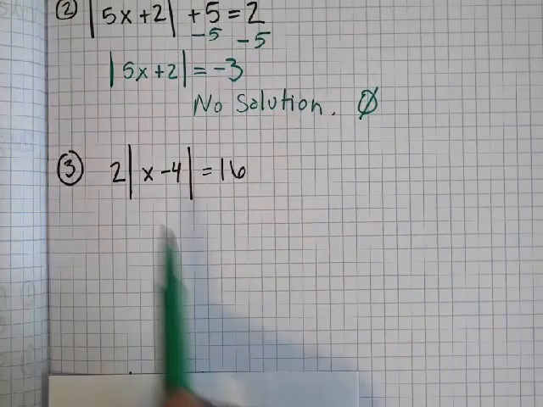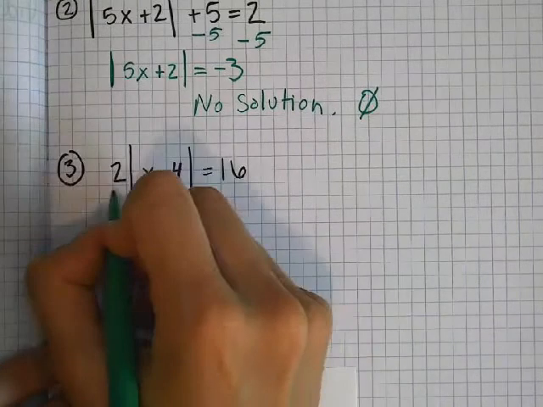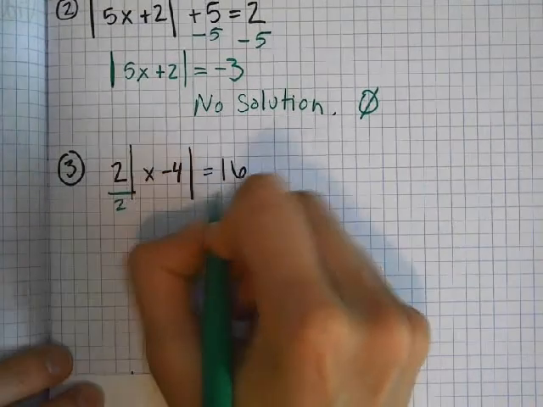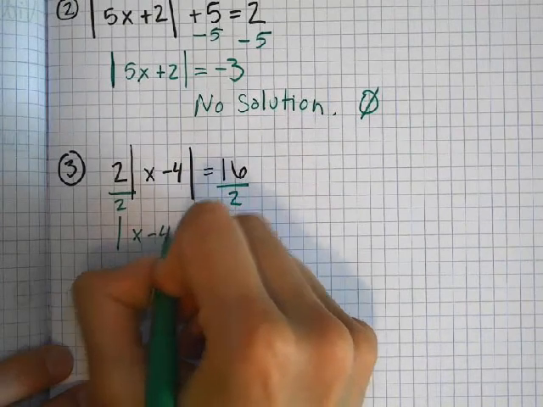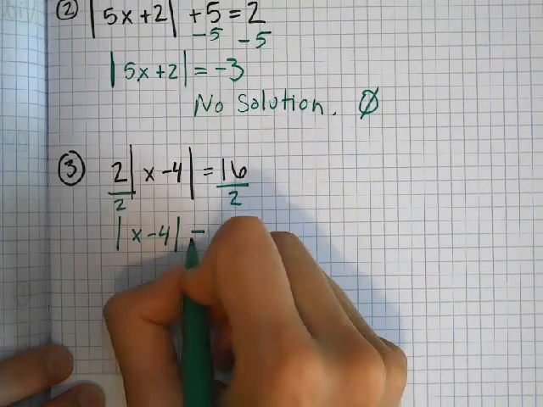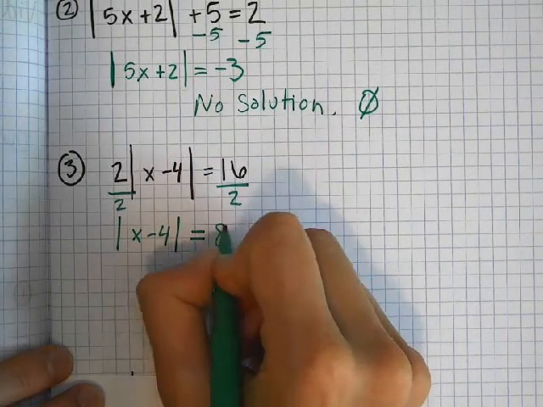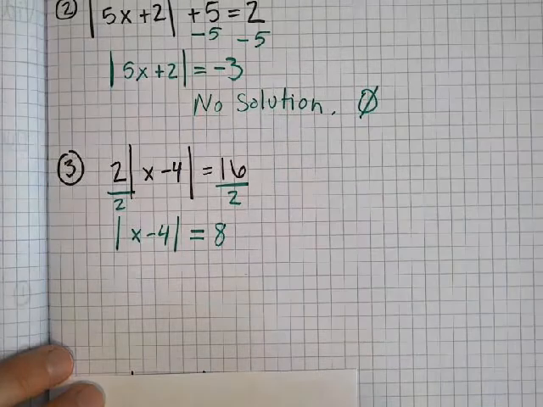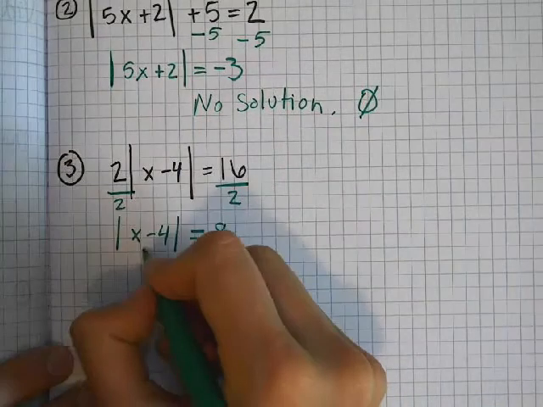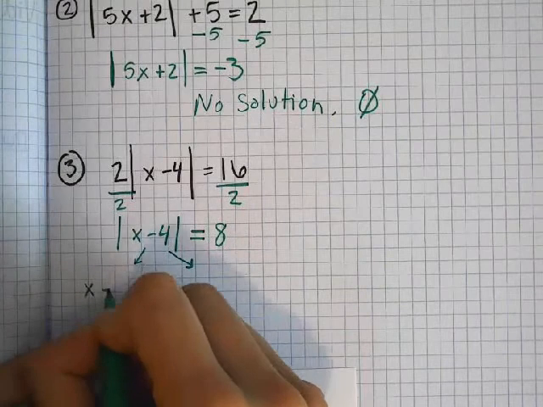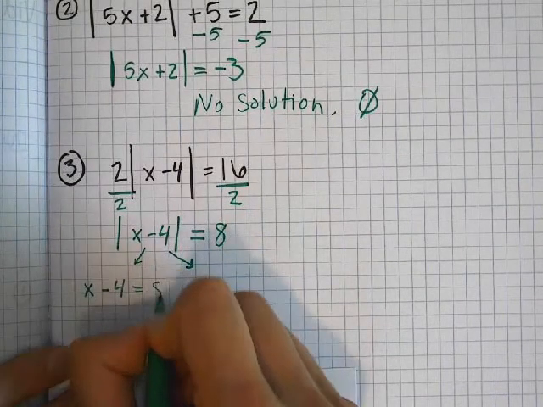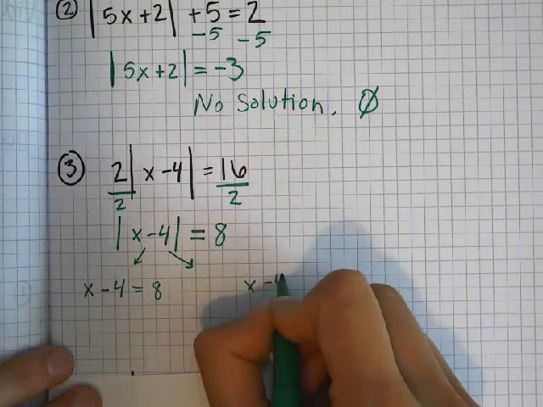Our next example here, we've got an outside number that's being multiplied. So I'm going to divide by 2. And I've got the absolute value of x minus 4 equaling 8. Now I can split this up into 2 equations. I always like to draw these arrows so I remember to make both of those equations.